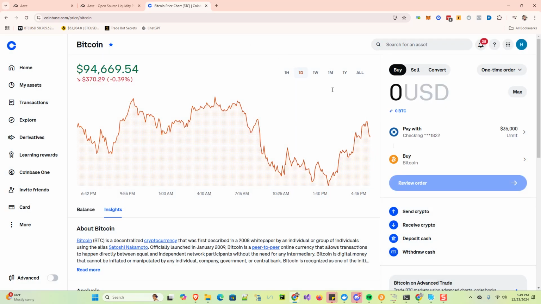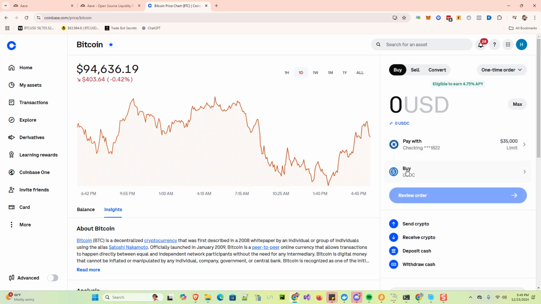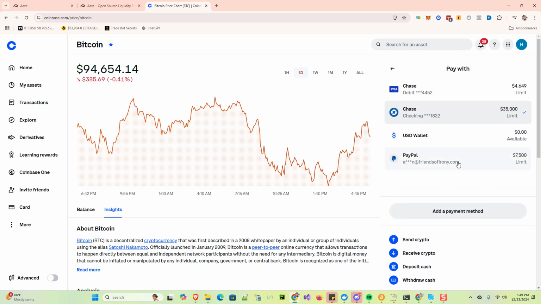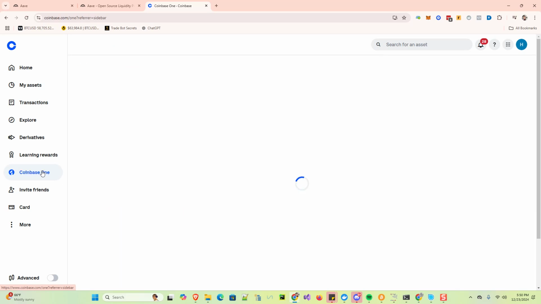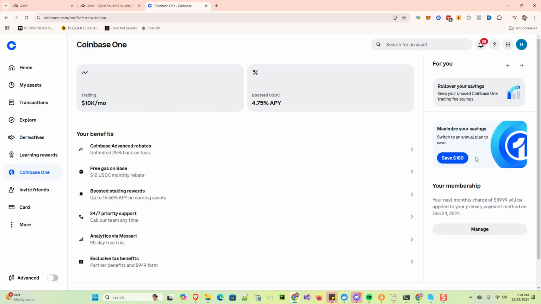Because you can't buy wrapped Bitcoin, what we need to do is buy USDC first, and then you pick the wallet you're going to be buying it from, whether your debit card or whatever. And I'll use a debit card because you get the funds instantly, and it's not stuck for like 2 weeks waiting for it to clear. You also want to join Coinbase One and just pay the monthly.